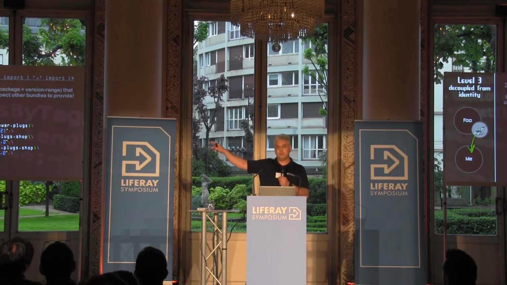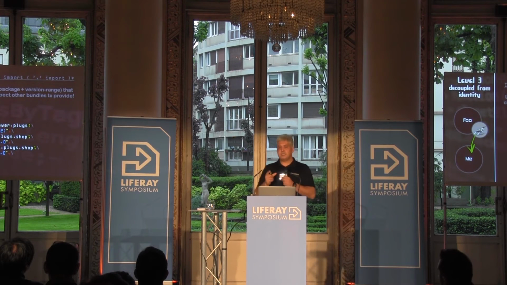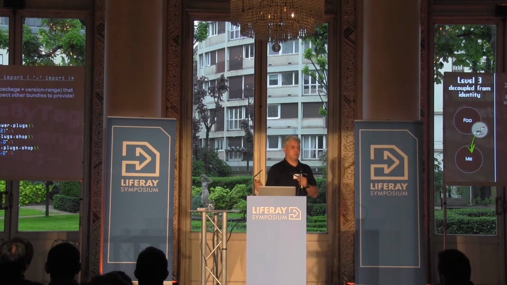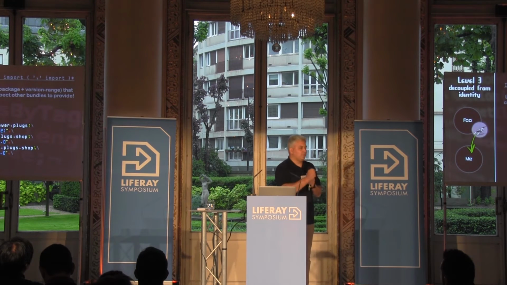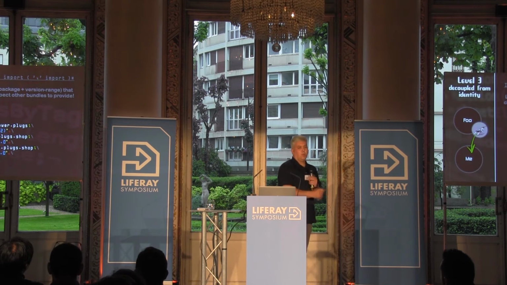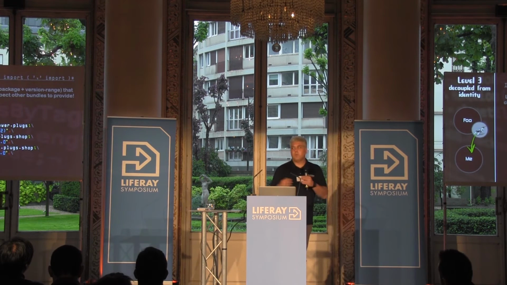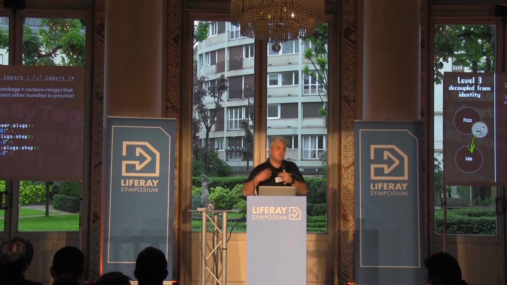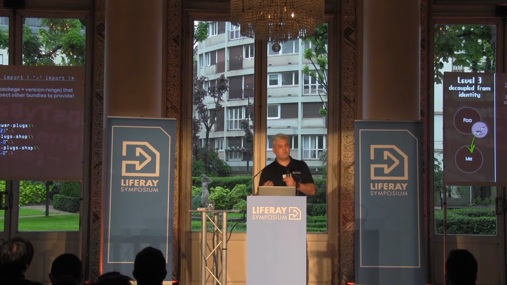Now notice that it's not only the identity in the sense of a name, but also the identity in the sense of a name and version. So we could say, by the way, my software does not work with that new version of your package. It only works with the old version. Or you can have different pieces of your software that work with different versions. When you say OSGi to people, a lot of guys say, oh, OSGi, that is the thing where you can have multiple versions of the same jar file.